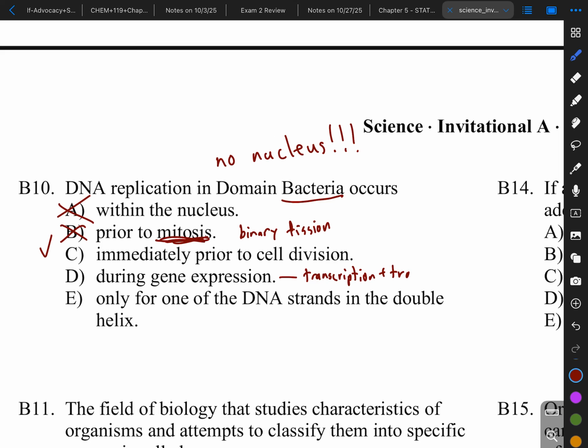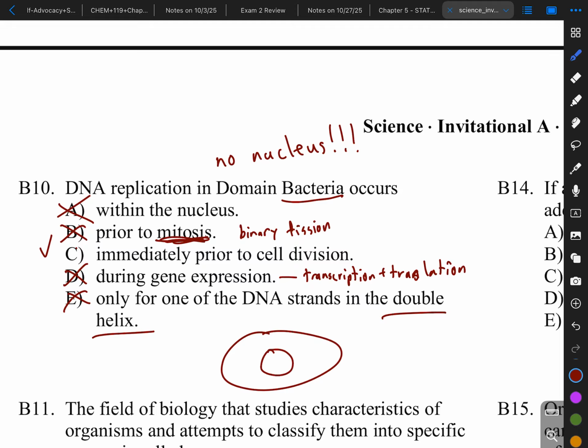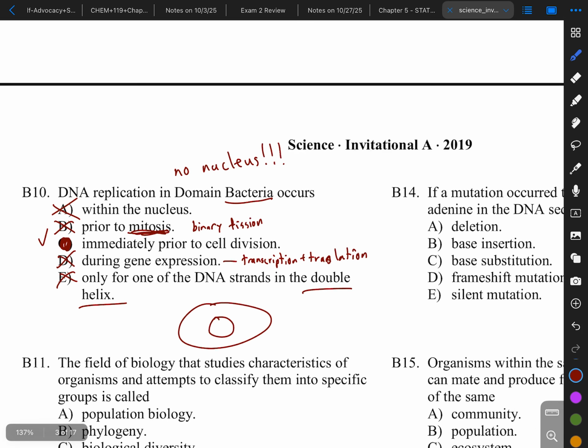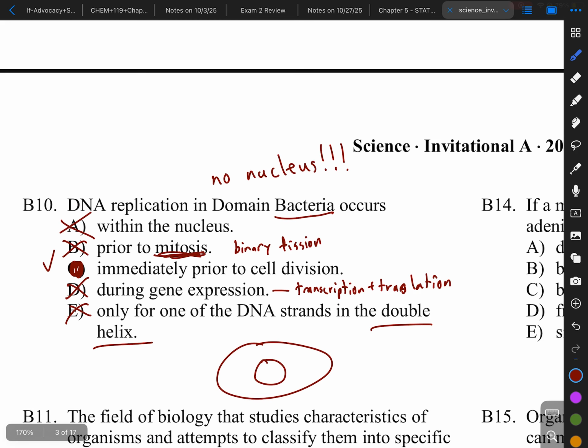And also technically translation, because in bacteria, transcription and translation happen at the same time. So D's out. And as for E, there is no double helix in bacterial DNA. Bacterial DNA is circular. It has just one circular loop, so there are no strands, it's all circular, unlike our linear DNA. So the answer to 10 would be C.